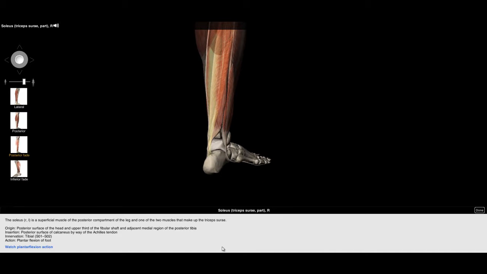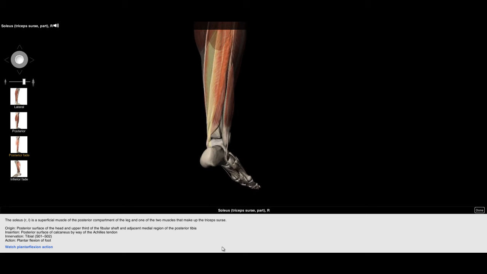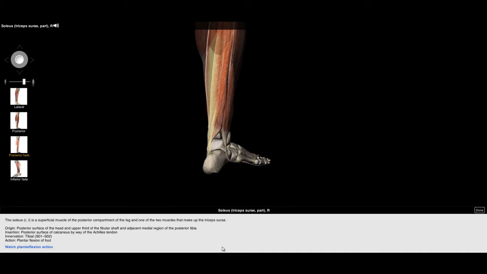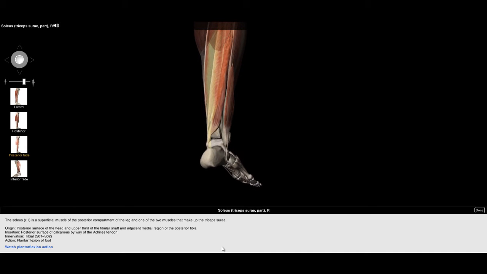But it helps to decrease or slow down the rate of tibial advancement and allows the upper body to continue over the top of the knee, allowing it to go straight. So it has a big influence in function on the knee, but in terms of its non-gravity function, it's a plantar flexor.